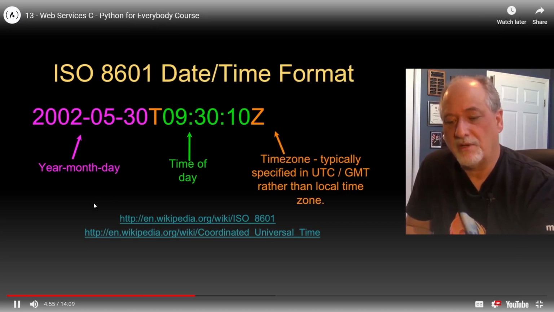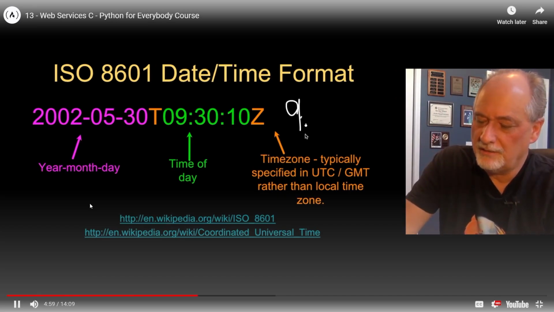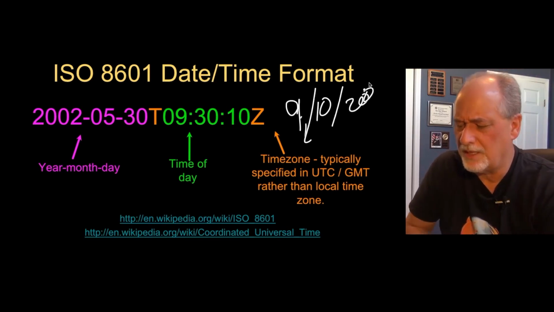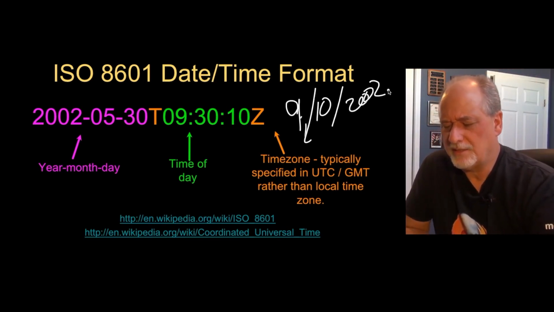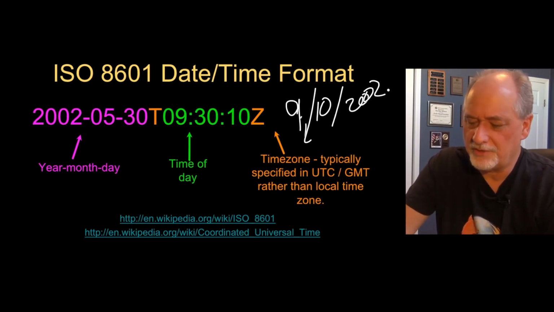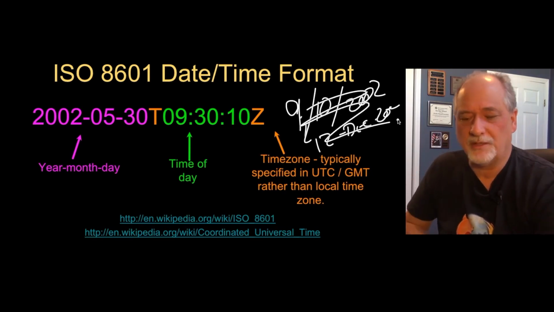Again, we have lots of different formats of dates: 9/10/2002, right? That's a format of a date, but that's one. There's another format of the date, which is 12 December 20-whatever. And so this is how people show dates.